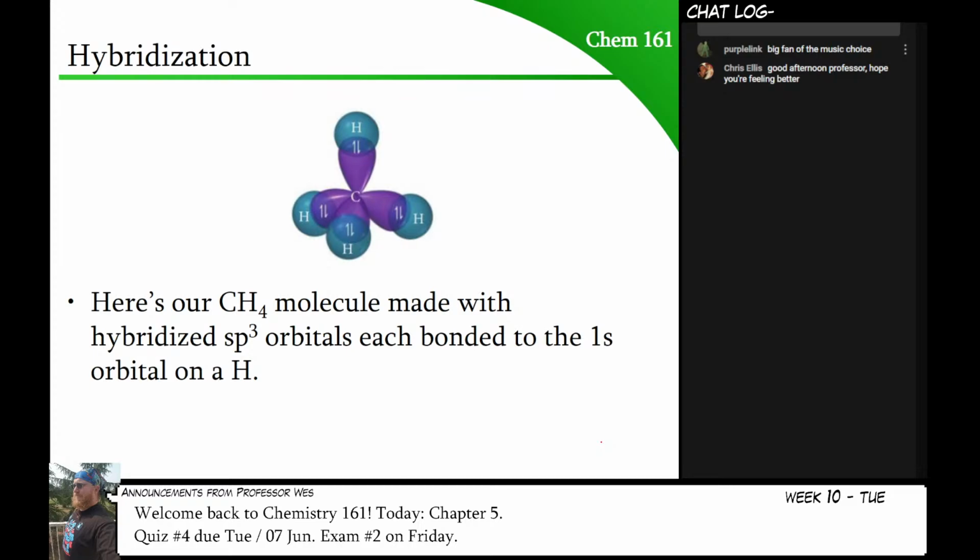Now, if I take my CH4, here's what my CH4 is going to look like before hybridization. Or not before hybridization, but before bonding occurs. I'm trying to draw this the best that I can, but I'm not really an artist, so... There would be my carbon with its 4 unpaired electrons.